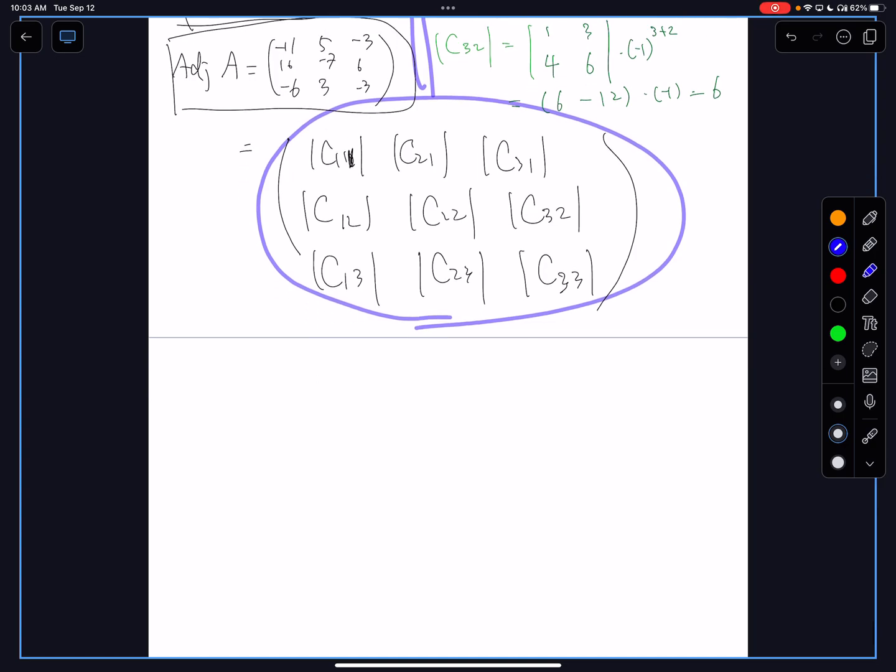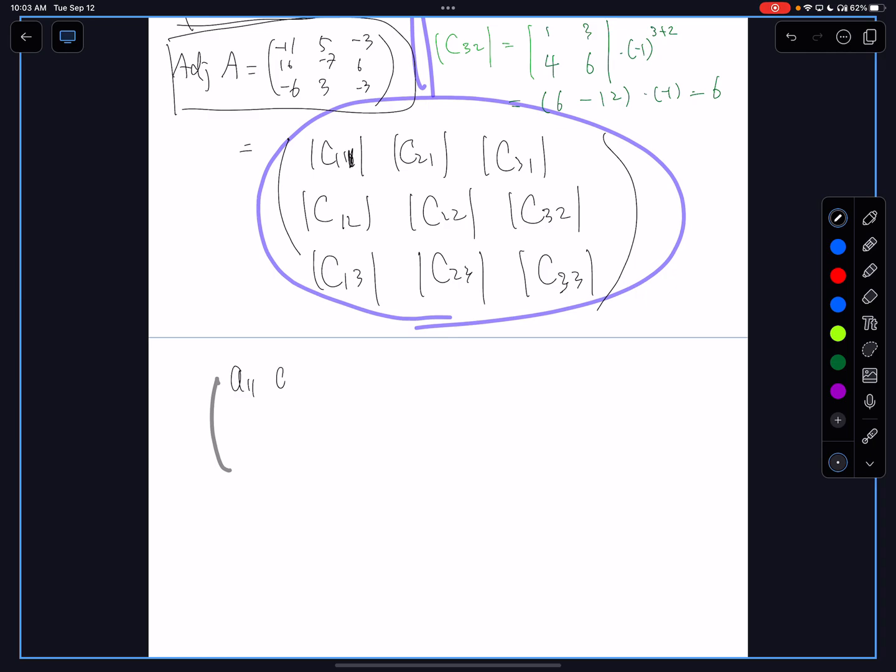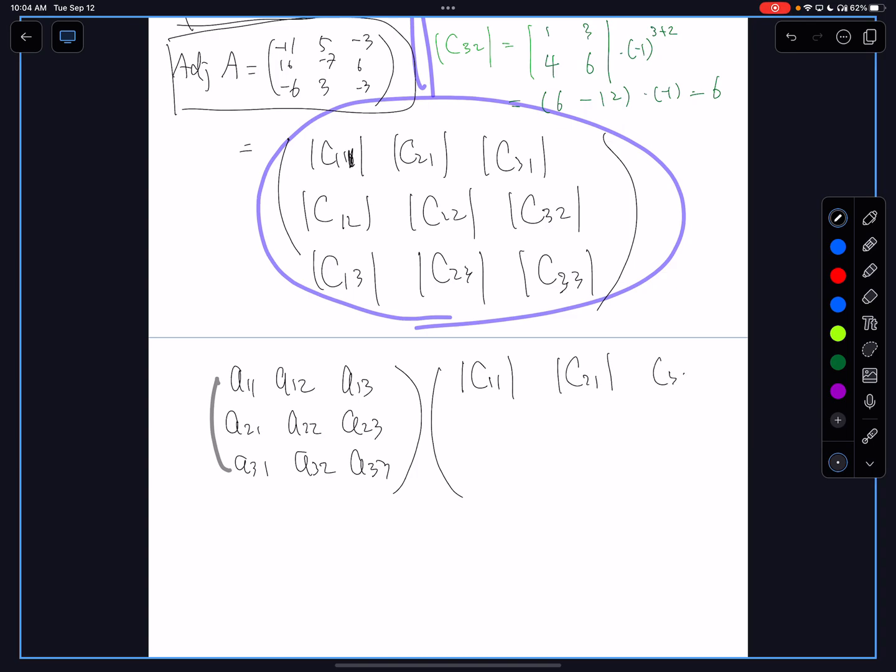Now that we have this adjugate matrix, let's multiply it with the matrix A. The initial matrix was A11, A12, A13, A21, A22, A23, A31, A32, A33, and then C11, C21, C31, C12, C22, C32.